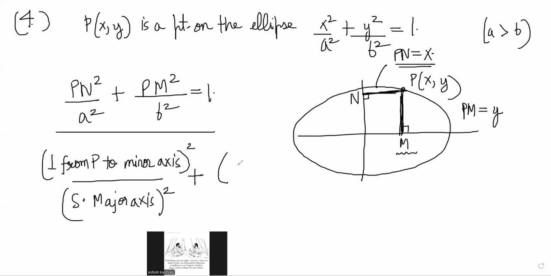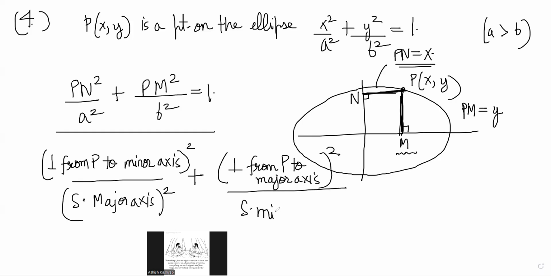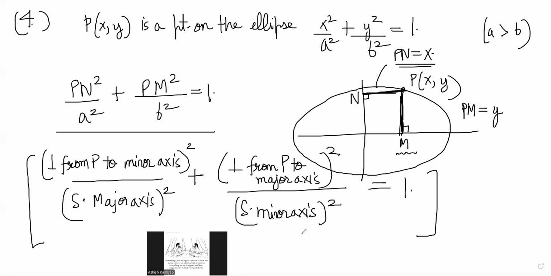PM was the perpendicular from P to the major axis, whole squared, divided by the semi-minor axis squared, is equal to 1. So this is a general way in which you can also write the equations of the ellipse.